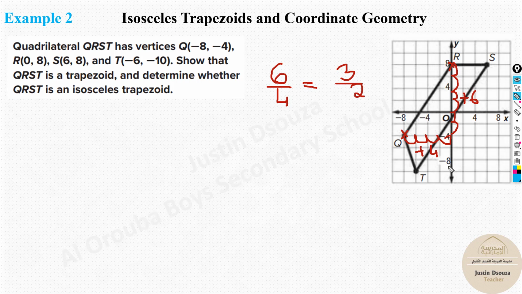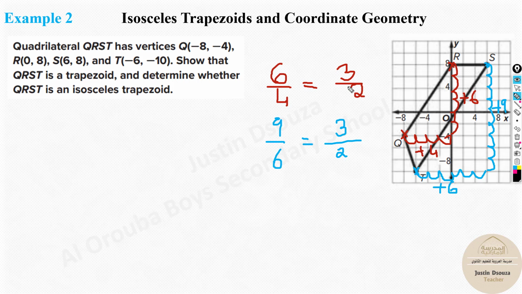Now, if I get the same slope for the next two points, then they are parallel to each other. Let me try. 1, 2, 3, 4, 5, 6. And what about this? 1, 2, 3, 4, 5, 6, 7, 8, and the last one is 9. So this is plus 9, and this was plus 6. 9 by 6 is equal to 3 by 2. You can put it in the calculator, you'll get it.